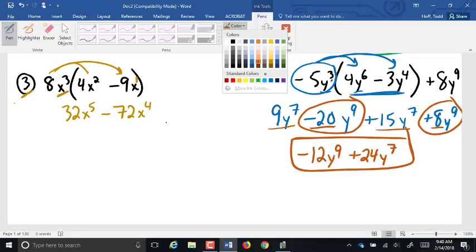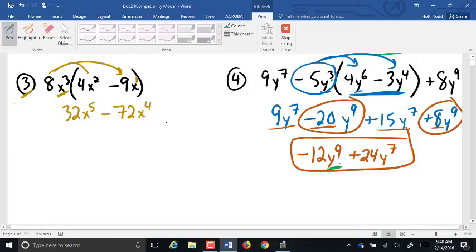The reason I switched the order there was I wanted to put the largest power of y first, the y to the 9th. It's not wrong if you don't do that. It's just kind of like a grammar thing. It's more correct if you put the largest power first. They're referred to as descending order, because if we look at place values in any number, like in the powers of 10, the decimal number system that we use, the larger powers of 10 come first.